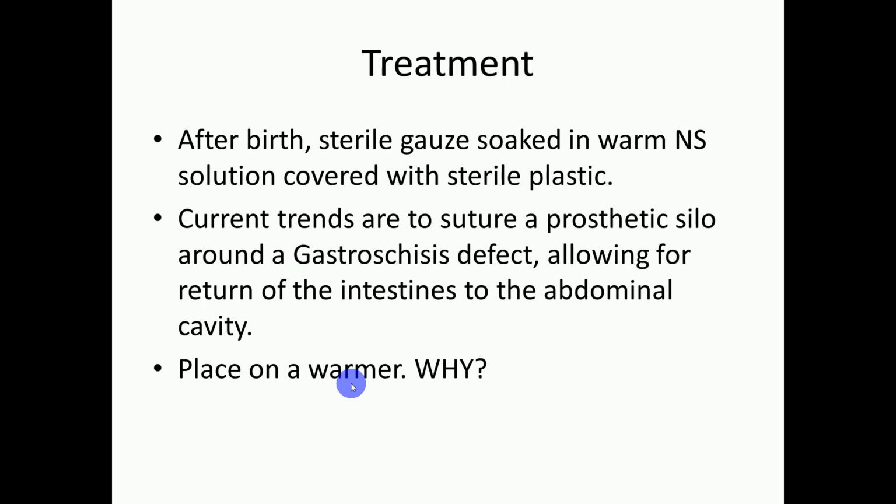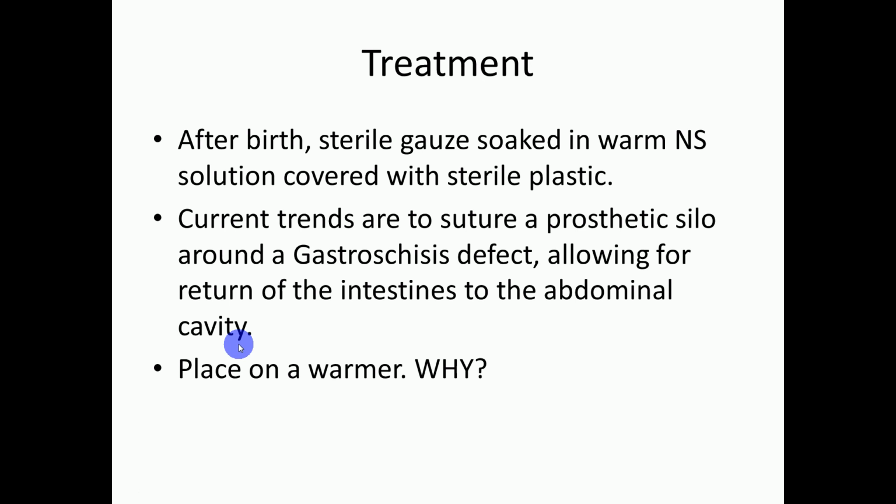Treatment after birth, they're going to have sterile gauze soaked in normal saline solution covered by a sterile plastic wrap around that. Current trends are to suture what's called a prosthetic silo around the gastroschisis defect, and that allows for return of the intestines into the abdominal cavity.